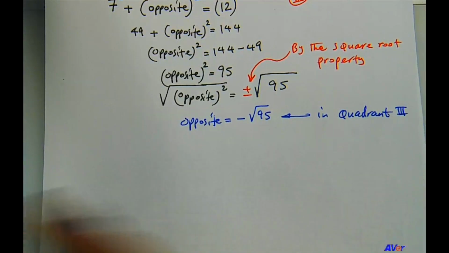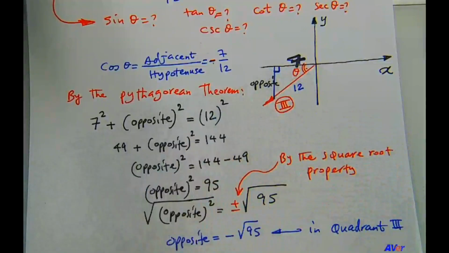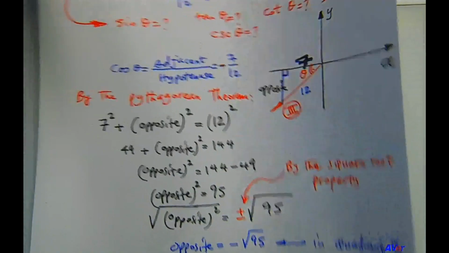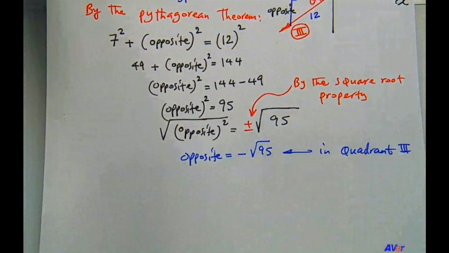Okay, so now that we have all these three sides figured out, this being negative square root of 95, let's put them all together in the calculation of these angles.